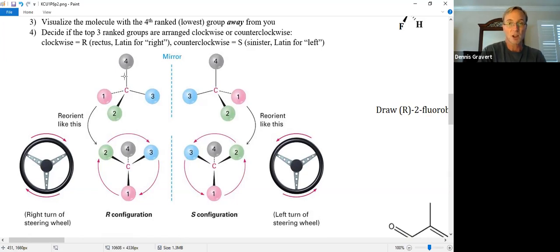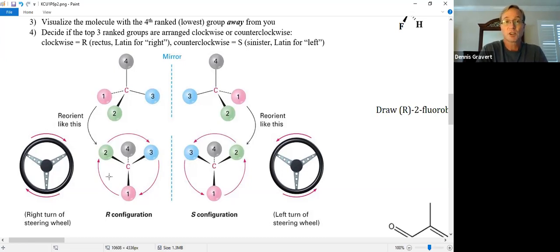Then you have to redraw it, or use your imagination and visualize this so that you're looking from below, upwards, such that the fourth ranked group is on a dash bond. Or redraw it. I know, that can be a little tricky, but we'll get more practice. And the more you practice, the more comfortable you'll become.